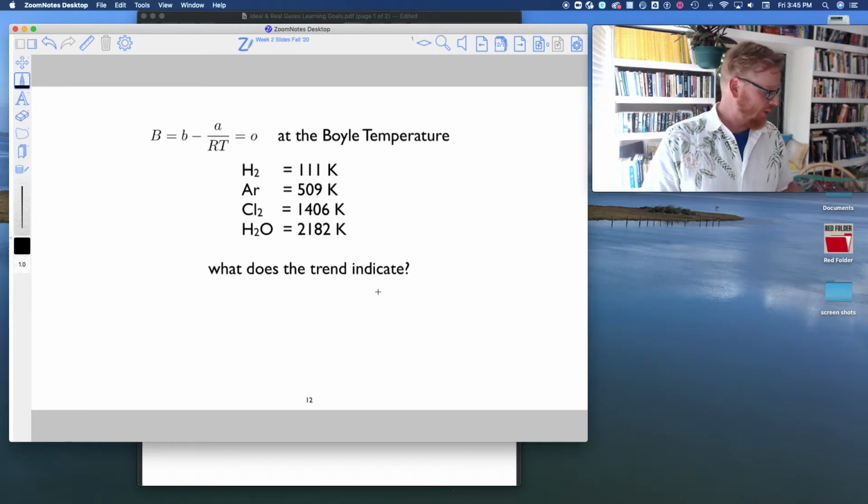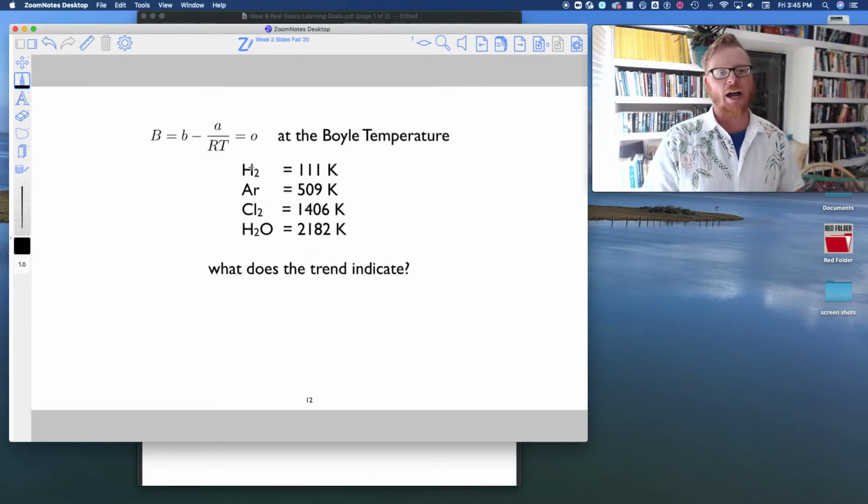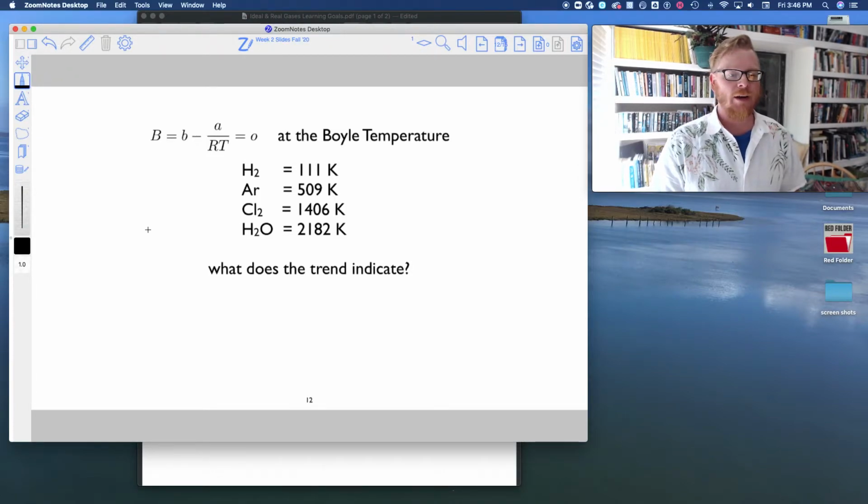Let's think about this for a minute. Well, what do we know about hydrogen compared to water? We know water and chlorine have really strong intermolecular forces. Strong IMF, strong intermolecular forces for water and for chlorine, right?